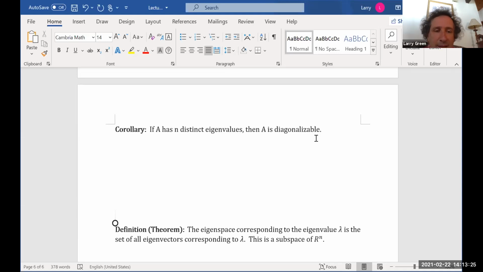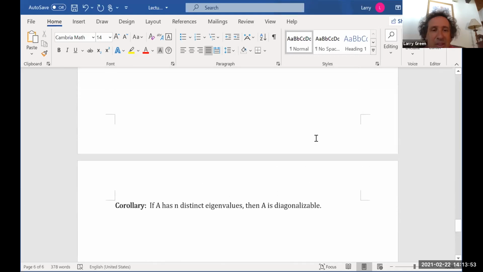And that means that if you look at the matrix whose columns are those vectors, then that matrix must be an invertible matrix. Because you need it to be invertible. If it's not invertible, then you don't get a P inverse. Any questions on this big corollary?